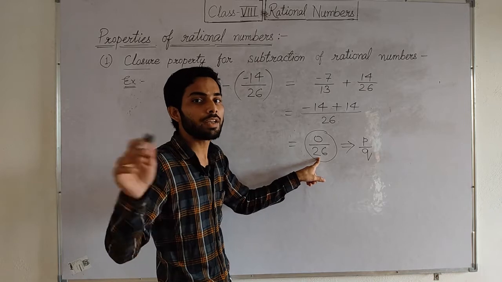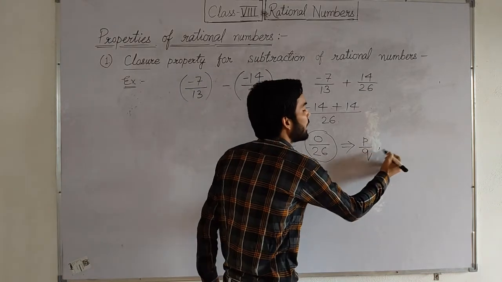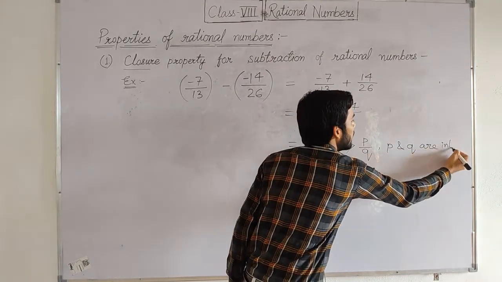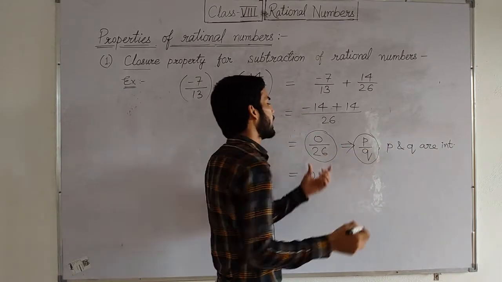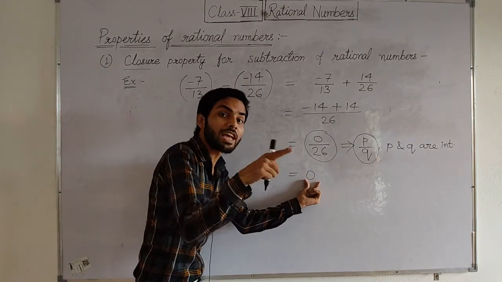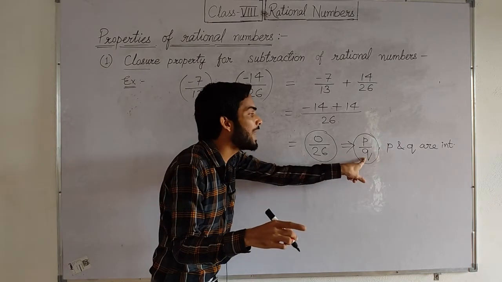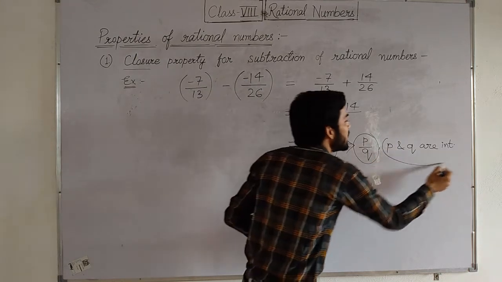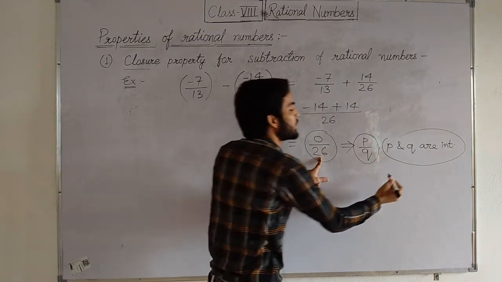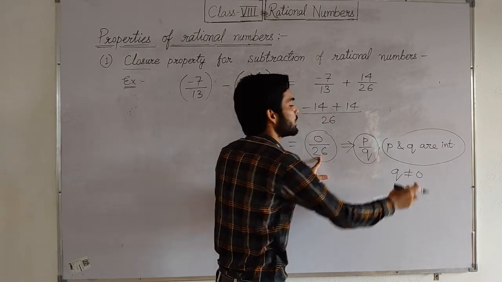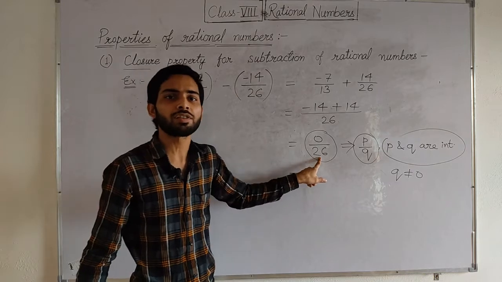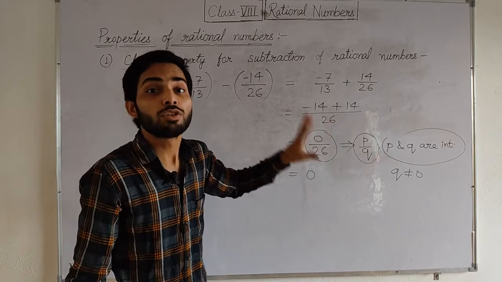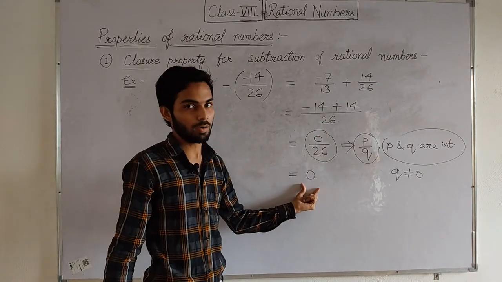So the second criteria is also fulfilled: p and q are integers. This is the first criteria. The number 0 can be expressed in the form of p by q, where p and q are both integers, and the denominator is not equal to 0. My dear students, the denominator is 26. So all three criteria are fulfilled here also. So we can say that 0 is a rational number.